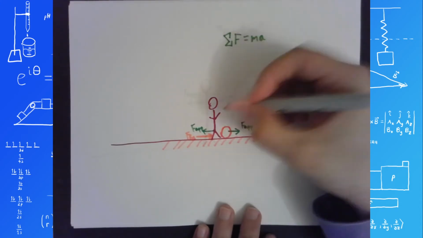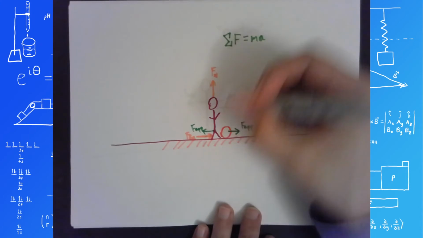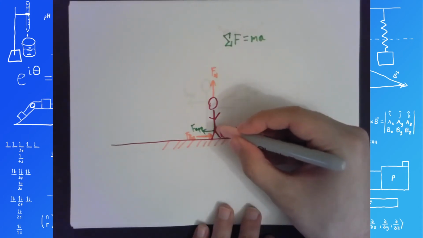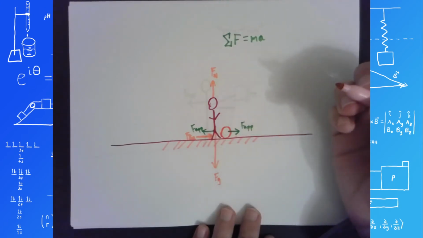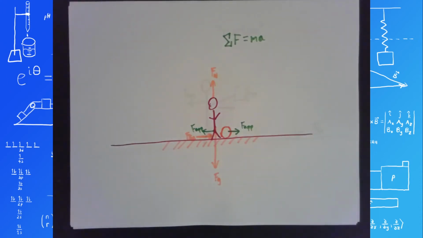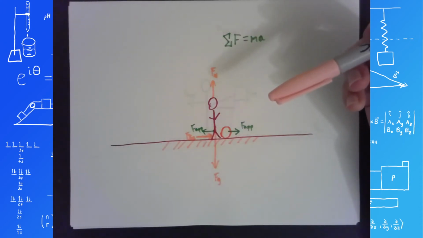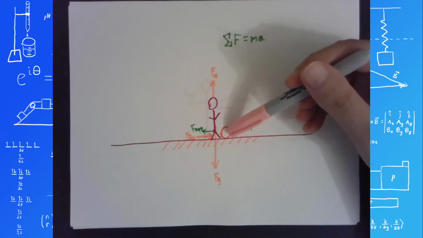And of course, there are other forces on this person. There's a normal force that the ground exerts upward on them. There's a force of gravity pulling downward on them. And I'm definitely not drawing these to scale, though I probably should be. And I guess for the ball, if it lifts off the ground a little bit during the kick, then we can ignore the friction on it.